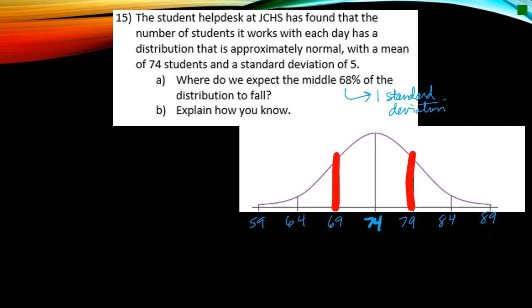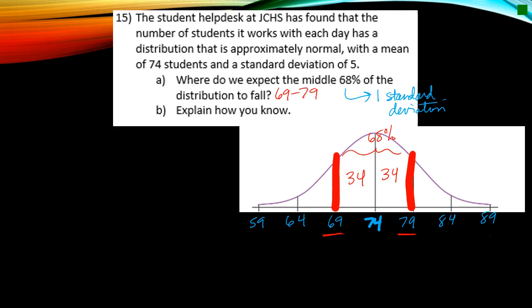And if you forget on the test, just remember that each of these are 34%. So if you remember the little percentages, you can remember that the two of them together is 68%. Okay, so the middle 68% of the distribution would fall between the numbers 69 and 79.